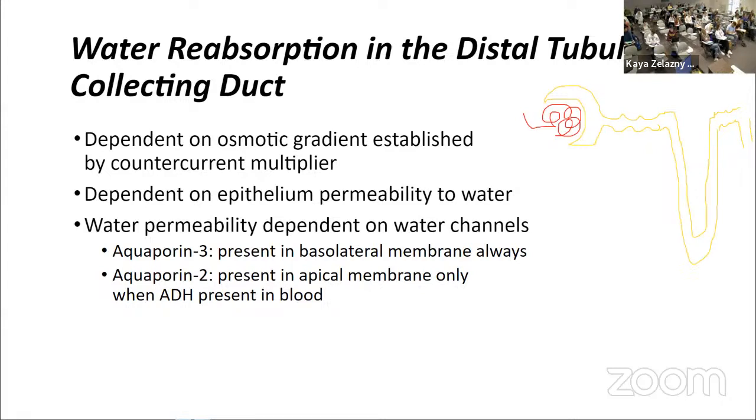Okay. So now we're going to have water reabsorption that we actually do regulate and we actually do control. So we had unregulated reabsorption happening here in our proximal tubule, lots of it. That's where we were doing most of our water reabsorption. We saw that that was following the movement of sodium.